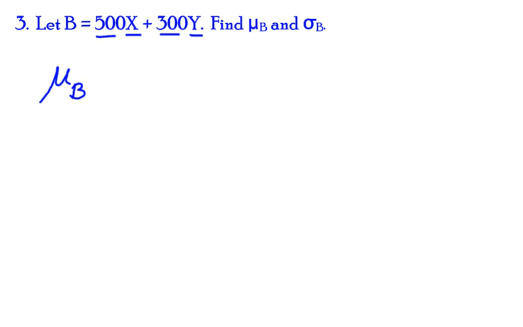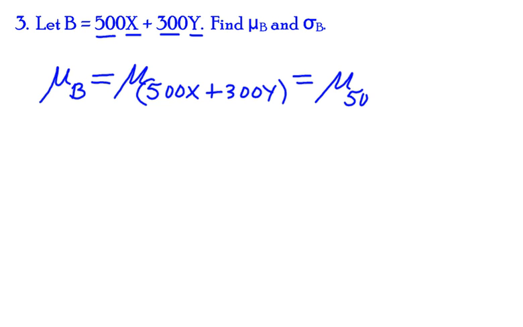Now this will take the idea of transformations that we talked about in class and combine it with adding random variables together. So mu B is like saying mu of 500x plus 300y, where this is a variable. Well, this is the same as mu of 500x plus mu of 300y.